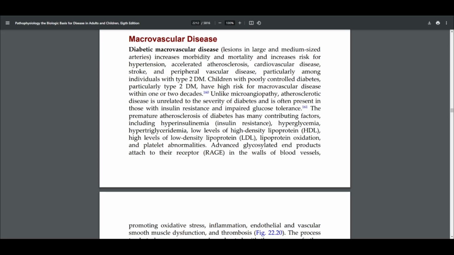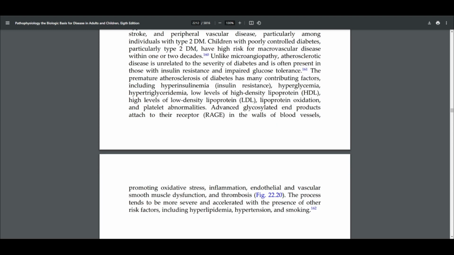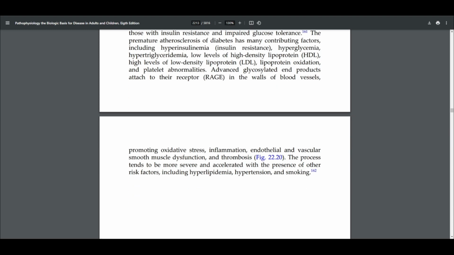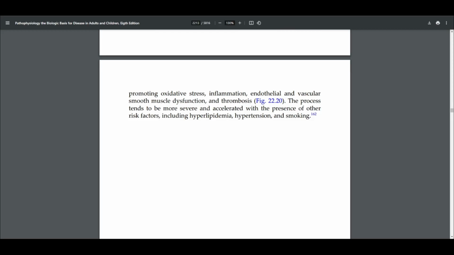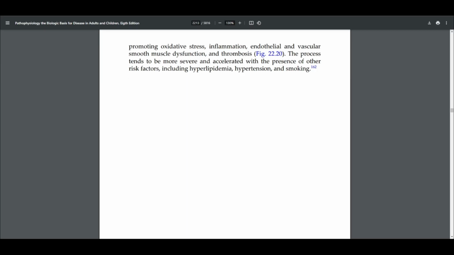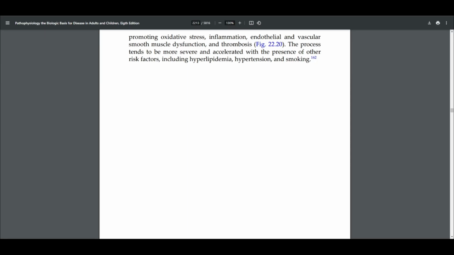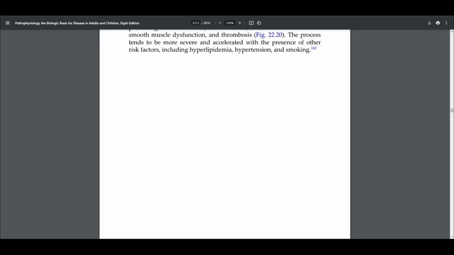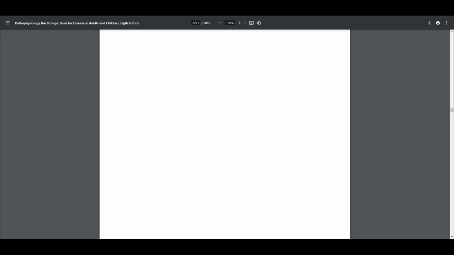Advanced glycosylated end products attached to the receptor in the walls of the blood vessels promote oxidative stress, inflammation, endothelial and vascular smooth muscle dysfunction, and thrombosis. The process tends to be more severe and accelerated with the presence of other risk factors, including hyperlipidemia, hypertension, and smoking.